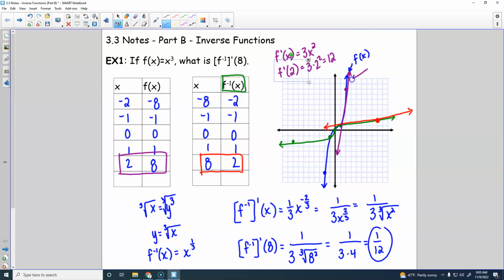So notice the slope here is 12, and then our slope that we got over here was 1 over 12. Coincidence? I think not.